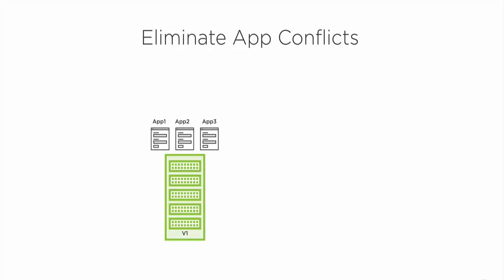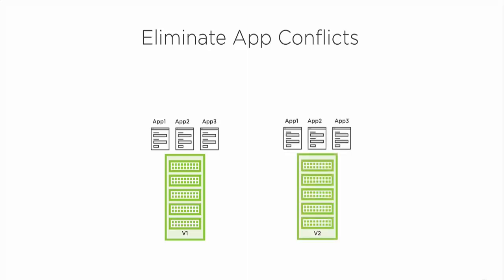And as a result, we can have V1 and apps 1, 2, and 3 that are targeting V1 will run fine in their own containers. And then apps 1, 2, and 3 targeting V2 can run in their own containers. And now we can have different versions of whether it's Node or PHP or ASP.NET running. This makes it a lot easier now to work with versioning and app conflicts.